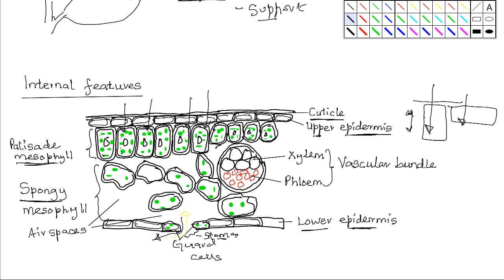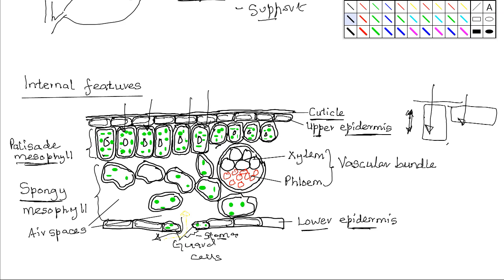Then beneath the palisade mesophyll, there is the spongy mesophyll. The spongy mesophyll consists of cells that are irregularly shaped and loosely arranged, thus creating air spaces between them. These air spaces promote diffusion of gases through the leaf.